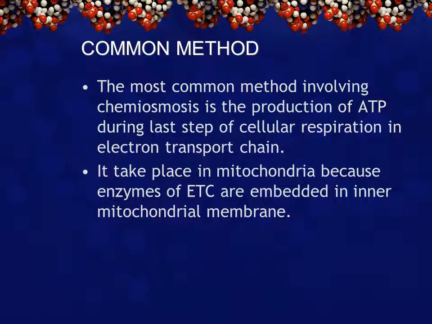In the last step of the electron transport chain, chemiosmosis is happening, and the production of ATP is happening. It takes place in the mitochondria because the enzymes of the electron transport chain are embedded in the inner mitochondrial membrane.